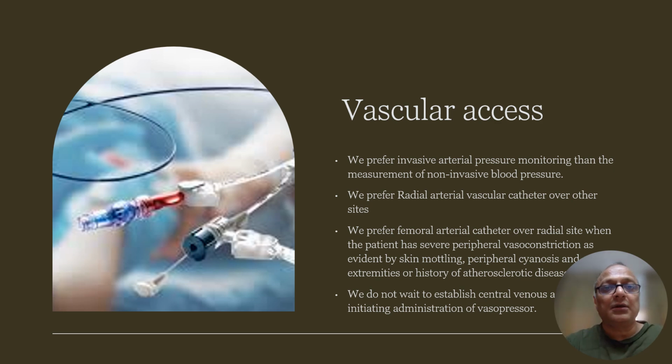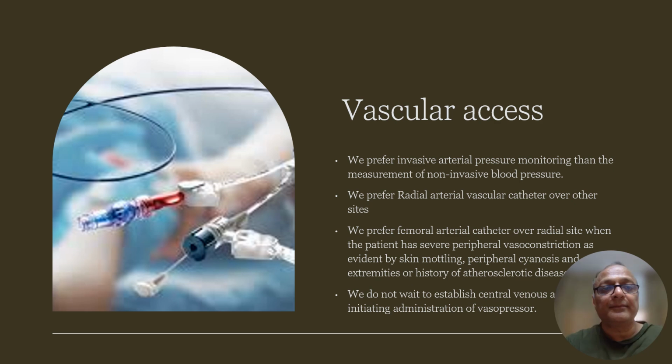Regarding vascular access, while managing patients with sepsis and septic shock, we prefer invasive arterial pressure monitoring over the measurement of non-invasive blood pressure. We prefer a radial arterial catheter over other sites. But when the patient has severe peripheral vasoconstriction, as evident by skin mottling, peripheral cyanosis, and cold extremities, or if the patient has a history of atherosclerotic disease, we prefer femoral arterial catheter insertion over radial.